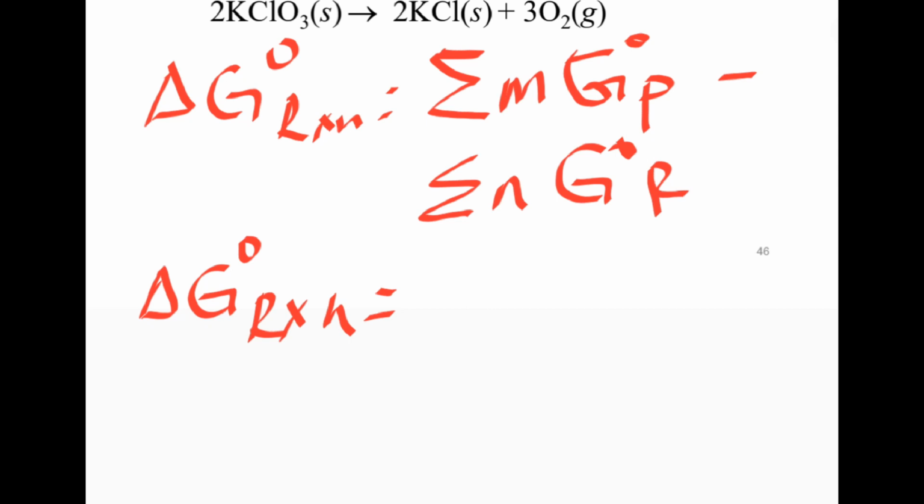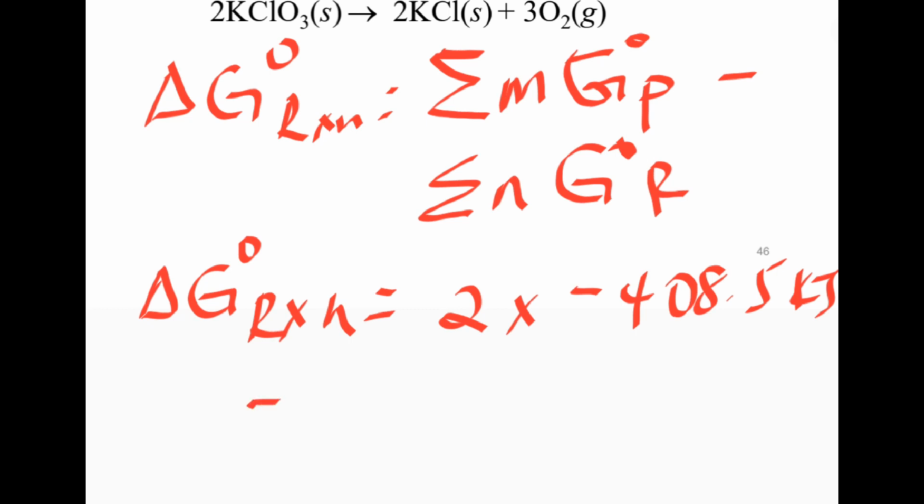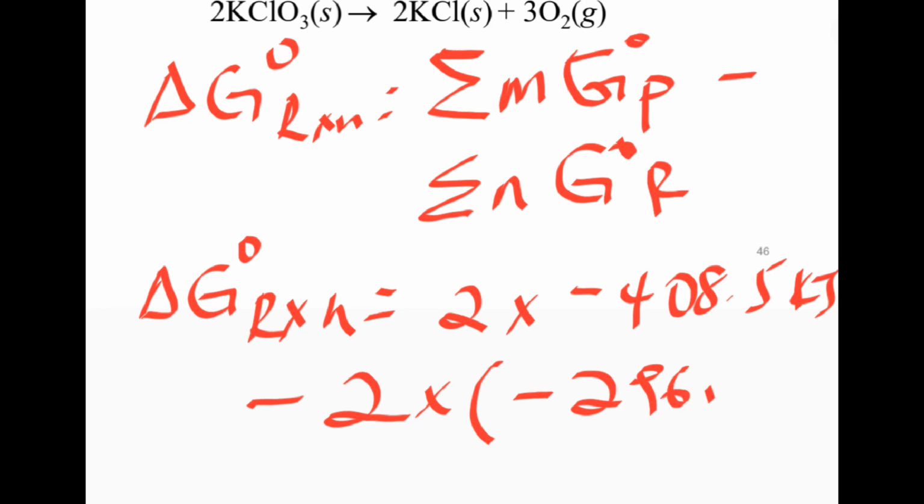Now the standard Gibbs free energy of potassium chloride is minus 408.5 kilojoule, and we have 2 moles, so 2 times minus 408.5 kilojoule, minus 2 times negative 296.3 kilojoule.